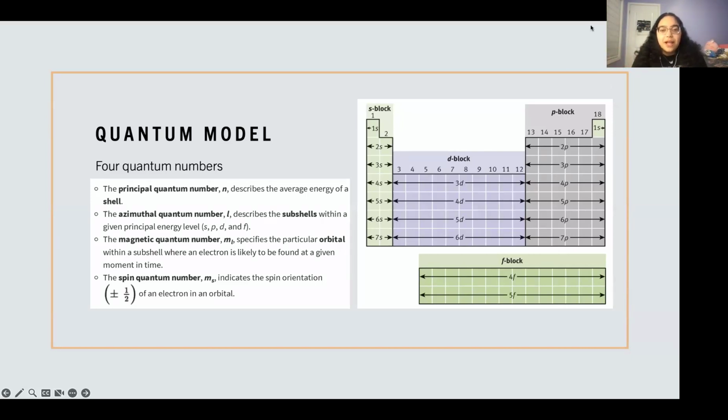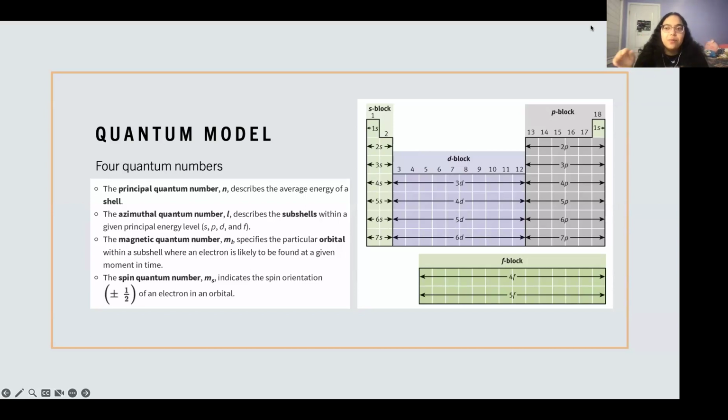The next quantum number, L, describes the subshells within, so that's S, P, D, F. So 1 for S, 2 for P, 3 for D, and 4 for F, and that's where in the periodic table it is. And then the magnetic quantum number, M with a subscript L, specifies the particular orbital within a subshell. These numbers are going to get you down to an exact electron.